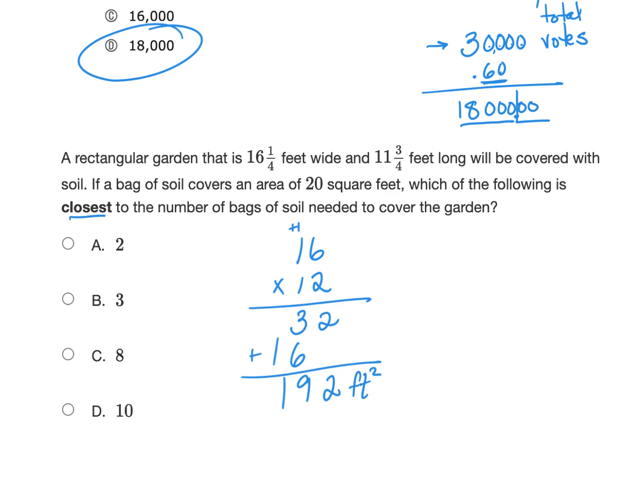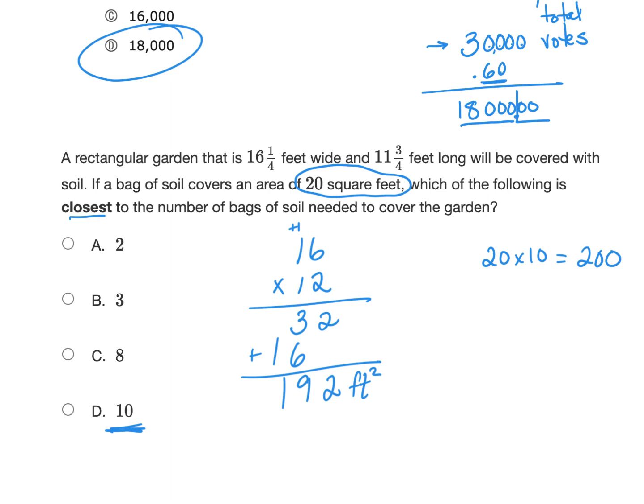But then it's asking us how many bags of soil will we need if each bag is able to cover 20 square feet. Well, already I can see 10. If I do 20 times 10, that's 200, because 2 times 1 is 2, and I have 2 zeros.